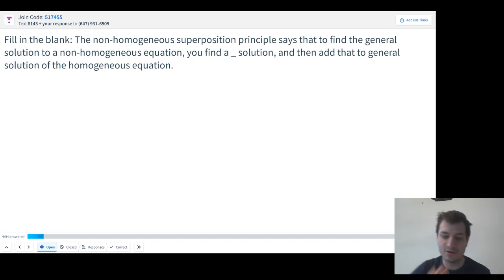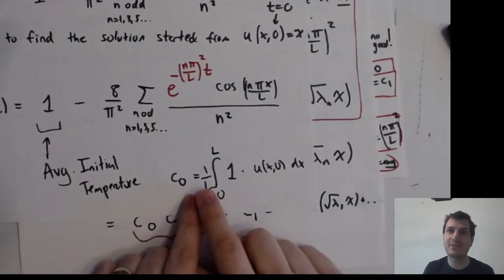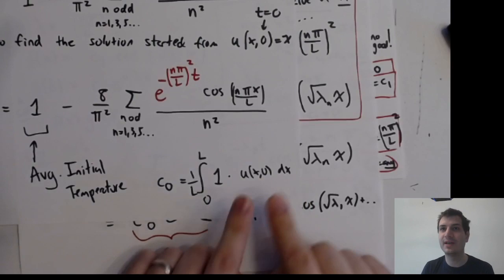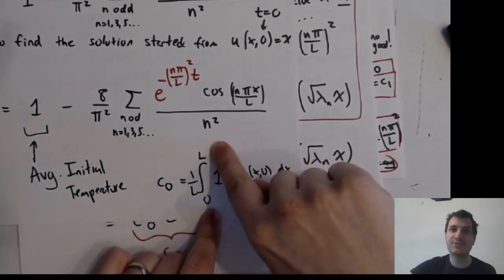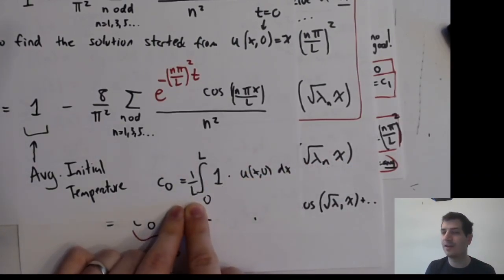What was the C0 formula at the end? I said it was the average value of the initial condition. How do you find an average value? You do an integral, and then you divide by the length of the interval.